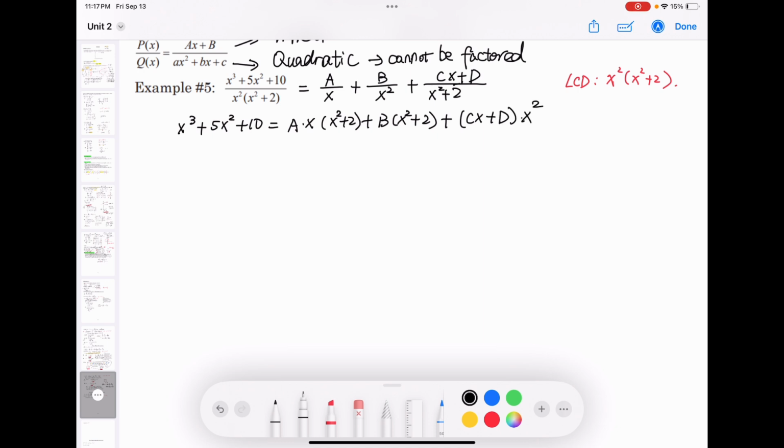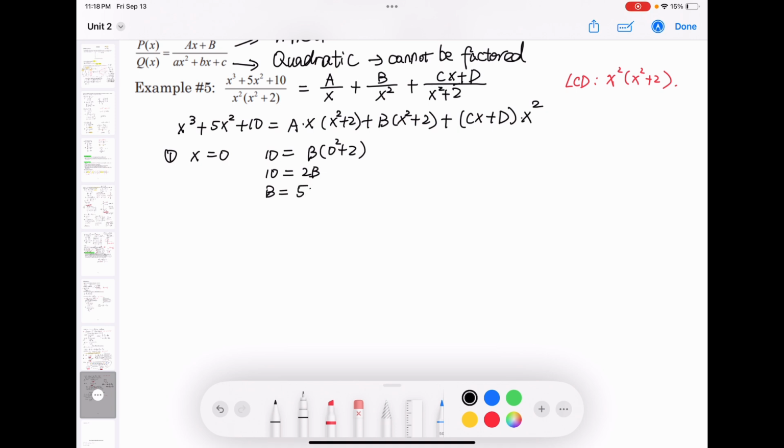Find the convenient values. From here, I can tell x equal to 0 is my convenient value. For x equal to 0, my left-hand side is 10, equal to, here is 0, here is 0, so we have the b part. The b part is b times 0 squared plus 2, so 10 is equal to 2b. b is equal to 5.